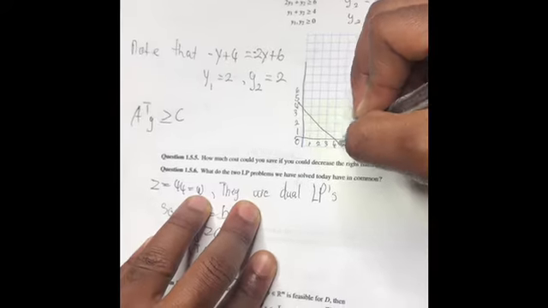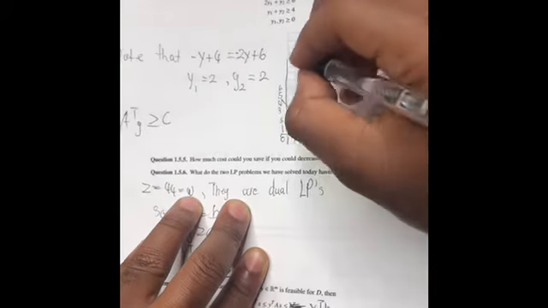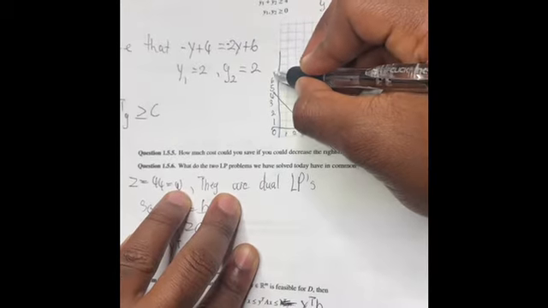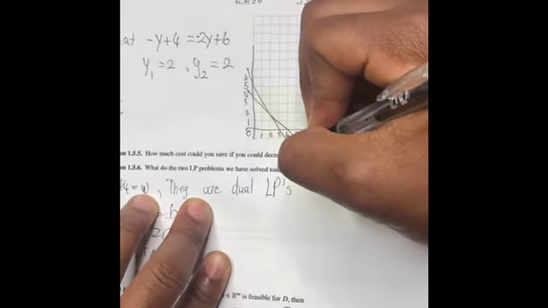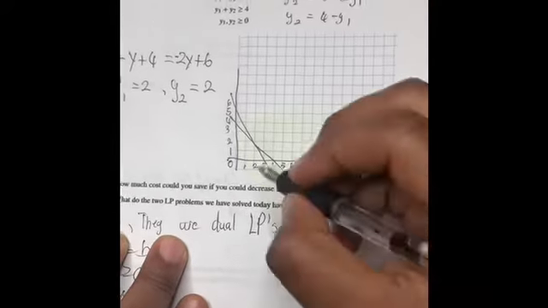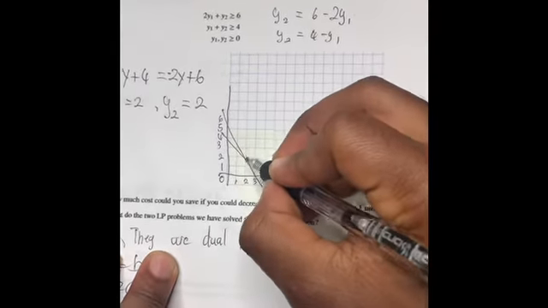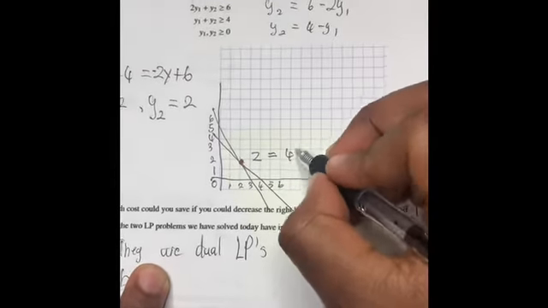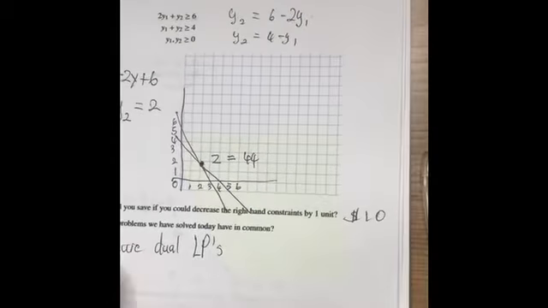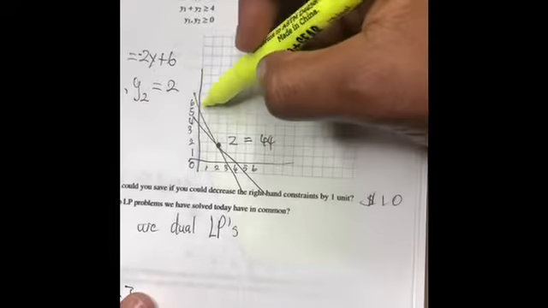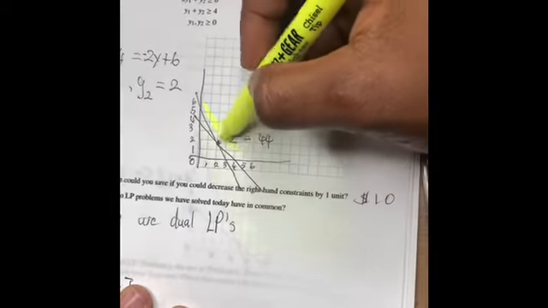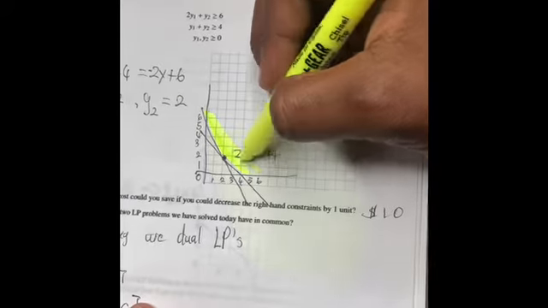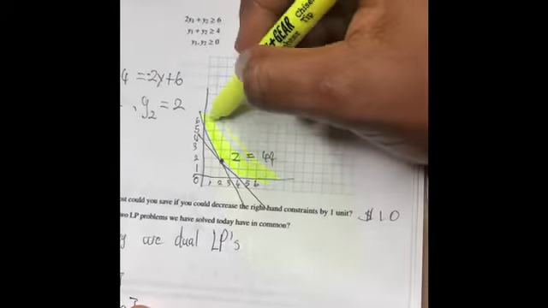We know it crosses here, and then we know that it crosses somewhere right here. And somewhere right here is where z would be the max, which would be 44. So when shading a feasible region, we know that it's any part that is shaded with the highlighter.